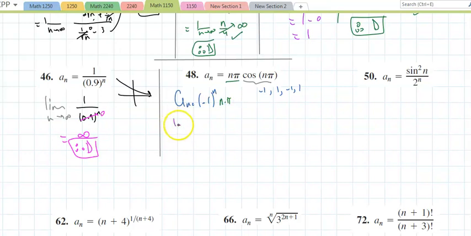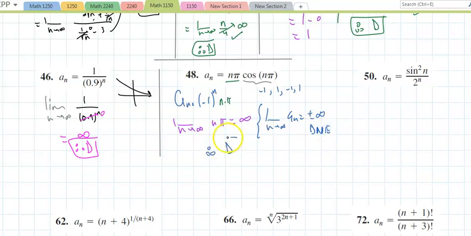And if I take the limit as n approaches infinity of n pi, that will equal infinity, right? In reality, if I take the limit as n approaches infinity of a sub n, that will be plus or minus infinity, which means does not exist. Either way, we say it's divergent.